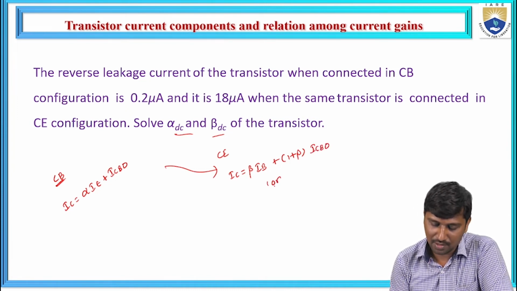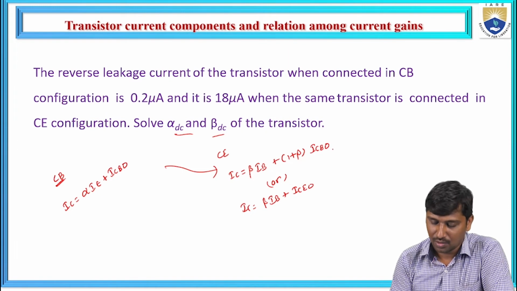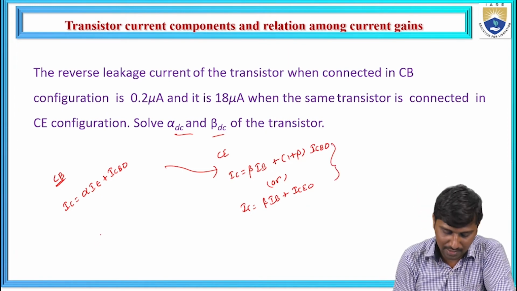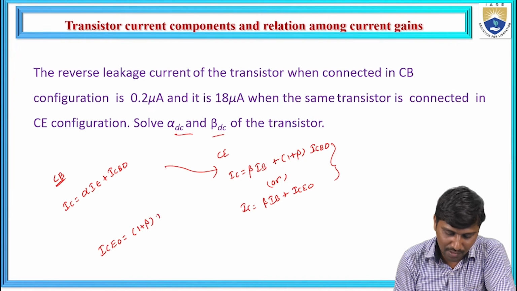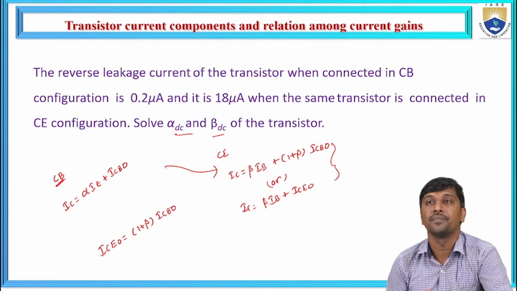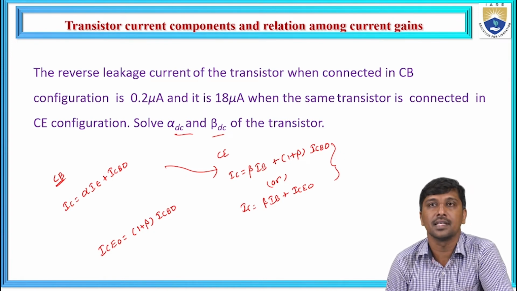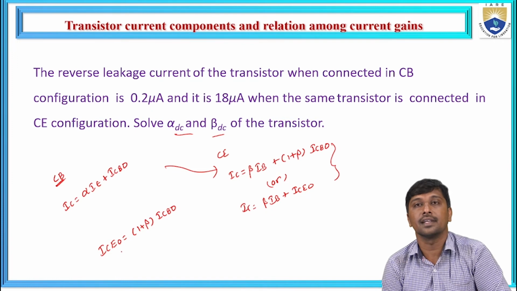Or we can also write IC is equal to beta times IB plus ICEO. If you compare these two relations, we know that ICEO is equal to 1 plus beta times ICBO, where ICEO means the reverse saturation current or leakage current when the transistor is connected in common emitter.